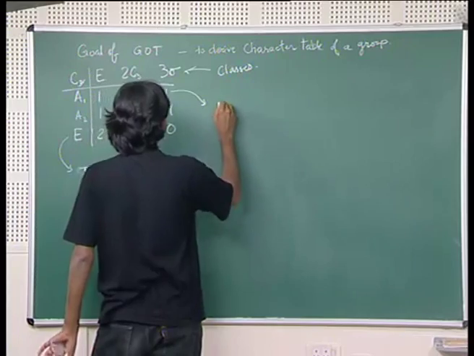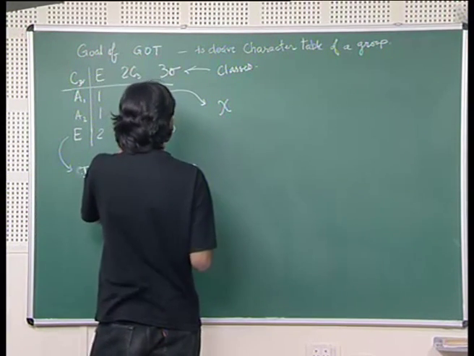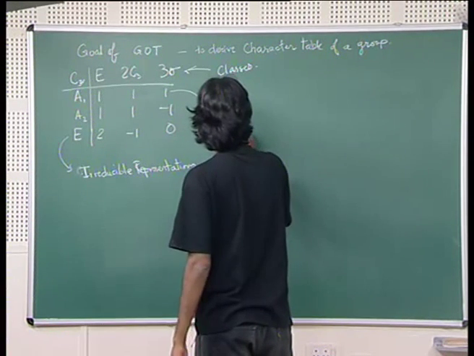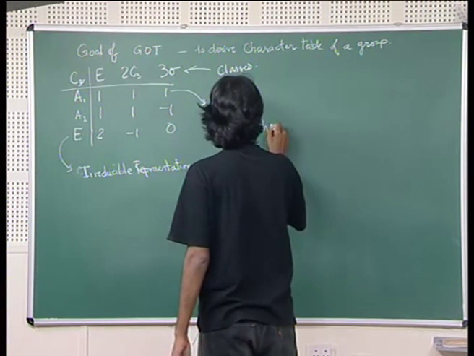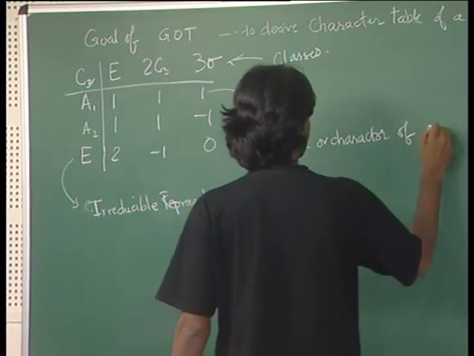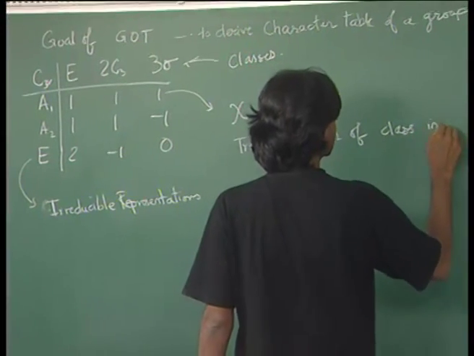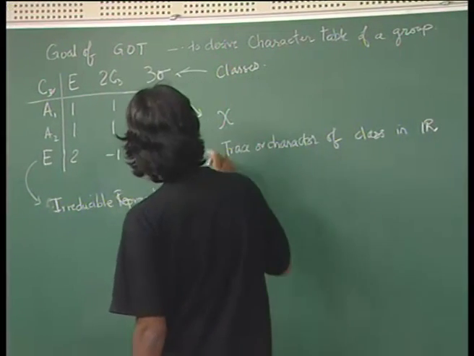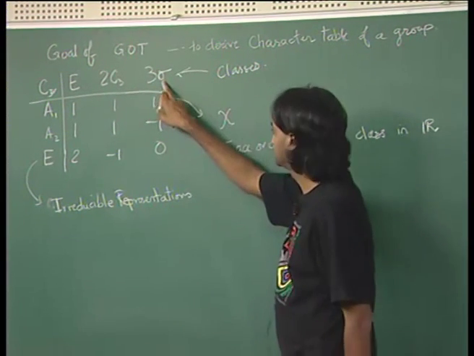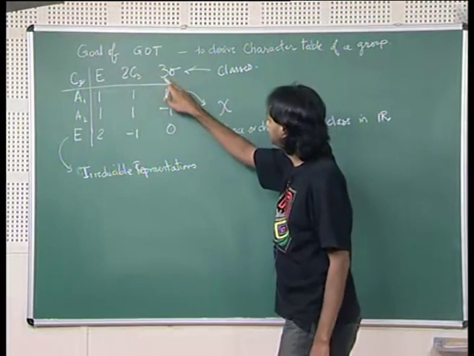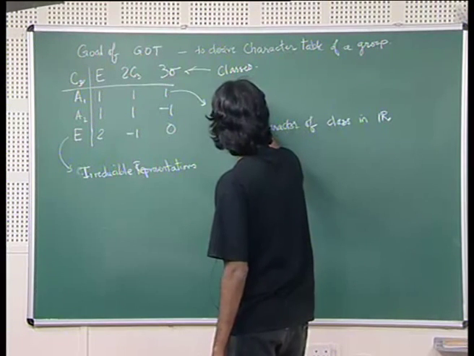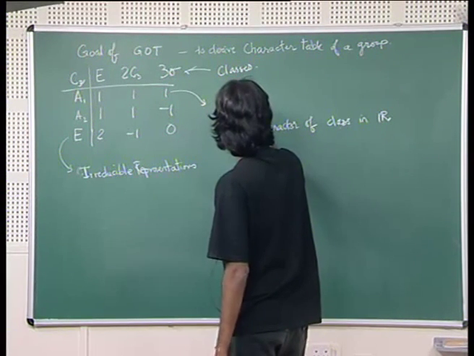This number is nothing but the character. Now, the character is also the trace. So, I will say trace or character of class in irreducible representation. So, this refers to the character of sigma. Any element, all these three elements, since they belong to the same class, they have the same character. So this is the character of sigma in this A1.